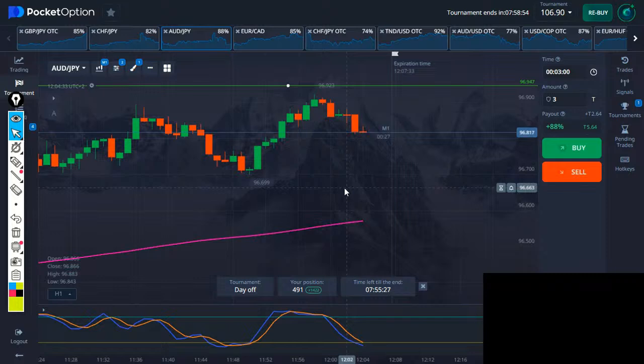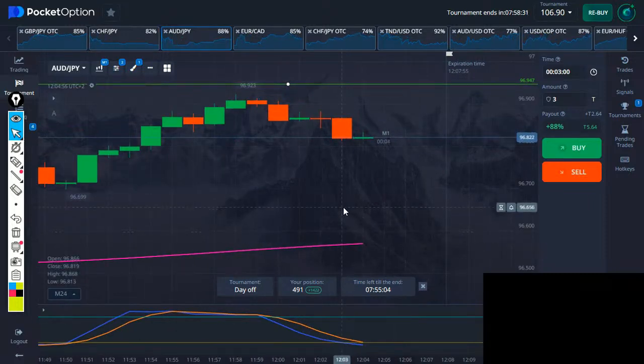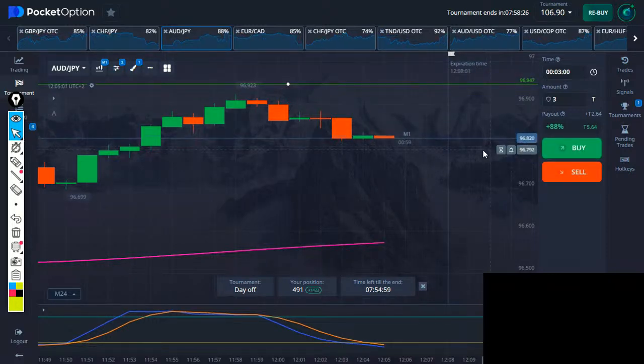Since I see some seller's pressure on the 15 minutes chart, I will reduce the amount to play it on the safe side. So let's see if we're gonna get a crossover stochastic. I'll take a 3 minutes buy on the AUD Japanese yen live market.